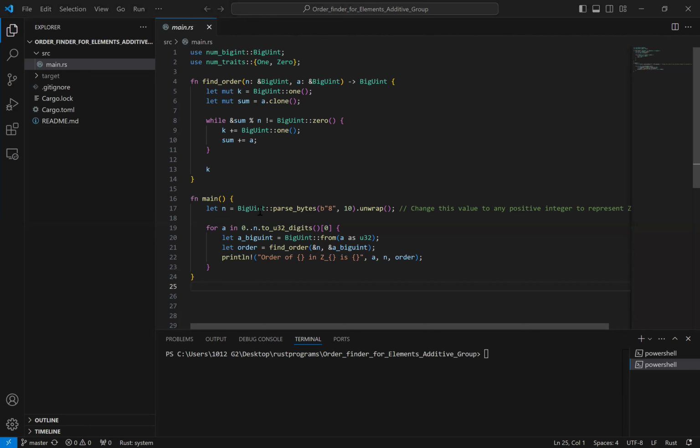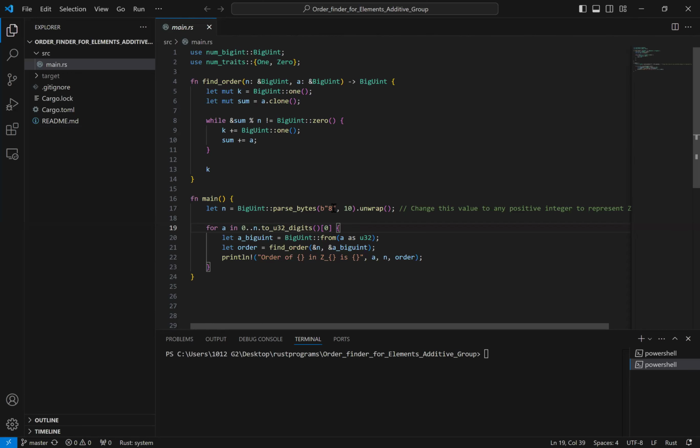Now, in this code, I've placed my element 8 here. This is my main function, and I've written the code using big units. That means I can find it even for bigger elements. You would have used U32 or U8, depending on what you want to deal with.